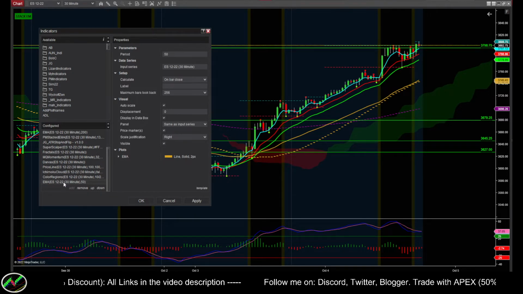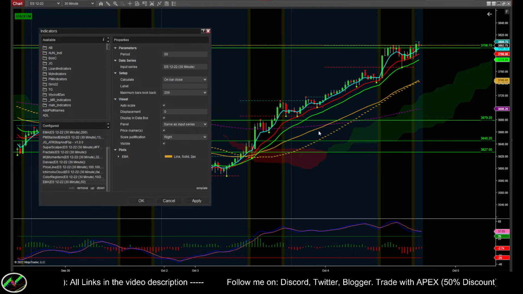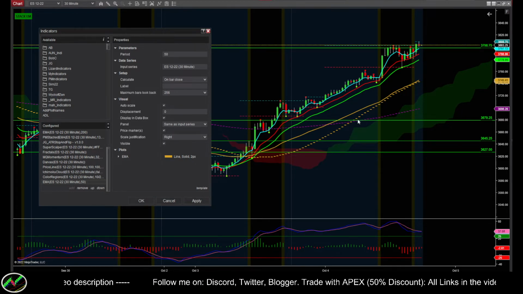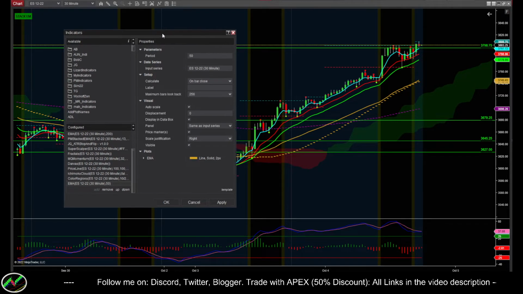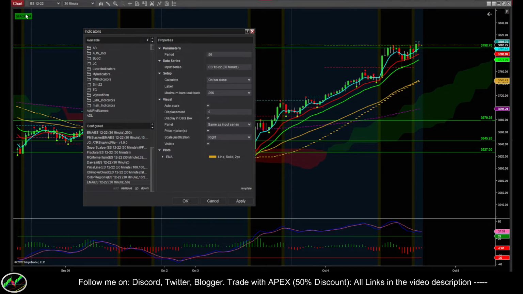Basically, I wanted to compare how the 50 EMA would behave with the 50 SMA, to see if they were too different or not, because what I was doing here is entering with that stack EMA.